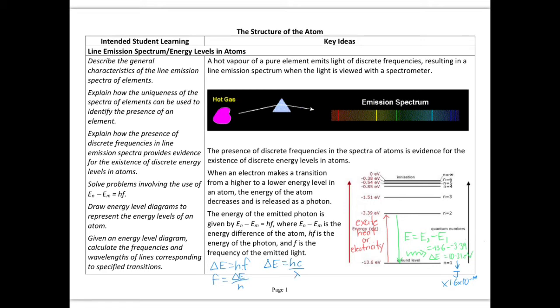Remember, basically the wave equation tells us that c equals f times lambda, so f equals c on lambda, and that's basically been substituted into that equation there.